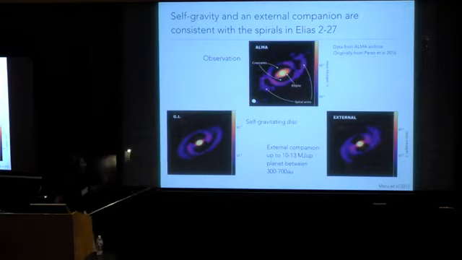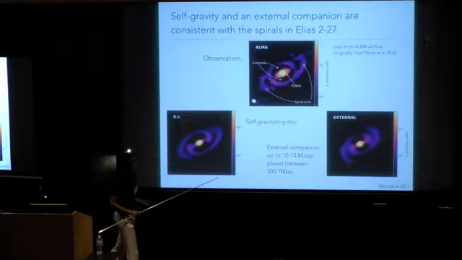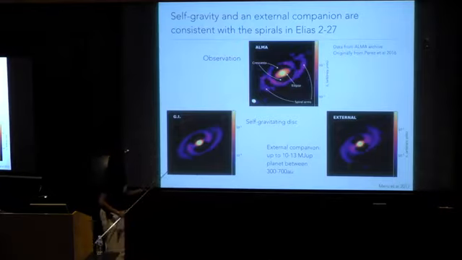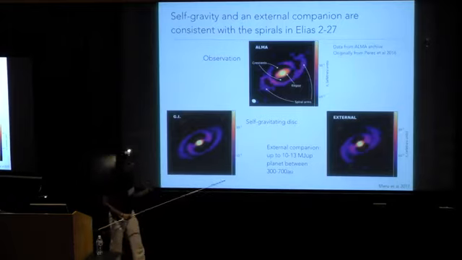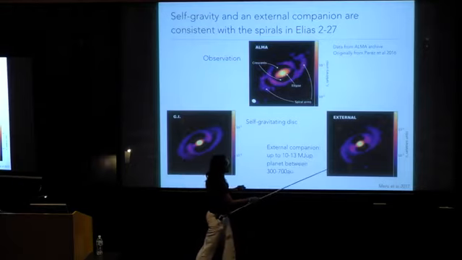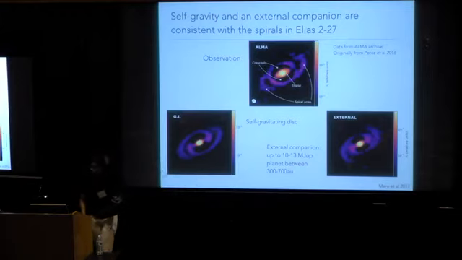What we were trying to do was just generally match some of the features, but not go into detail of the exact disk properties. But you can see that we're able to reproduce these spiral arms with a gravitationally unstable disk. Although that's not the only solution, we were able to see that you could, in fact, form these spiral arms with an external companion, a large planetary mass companion.